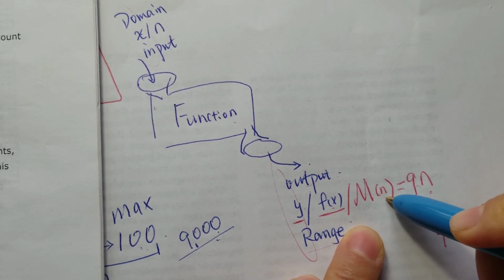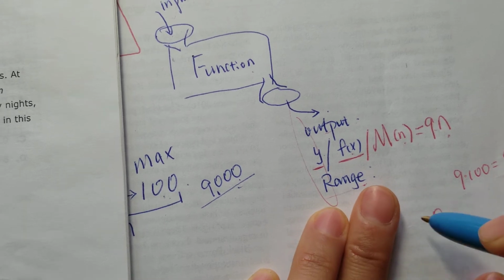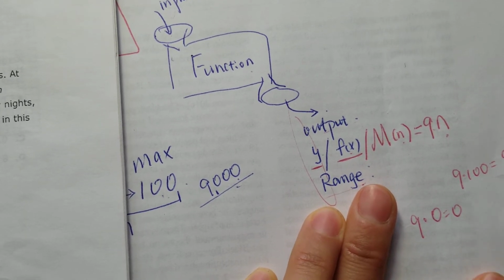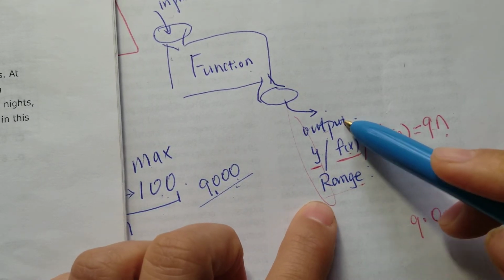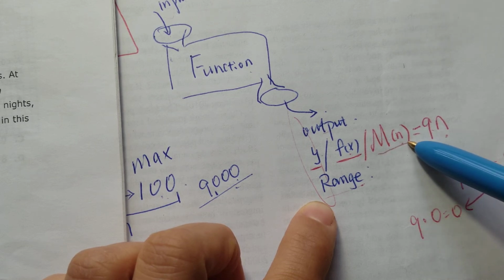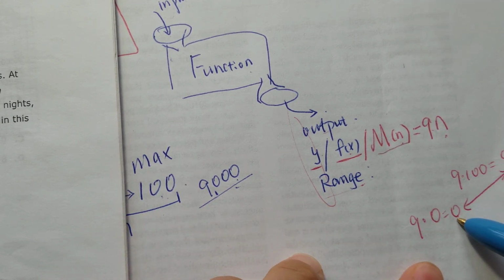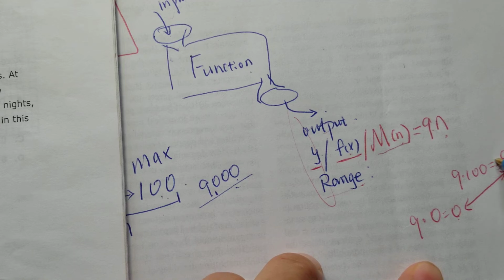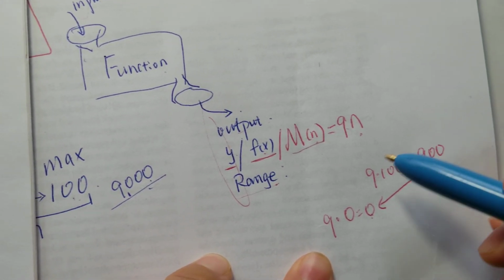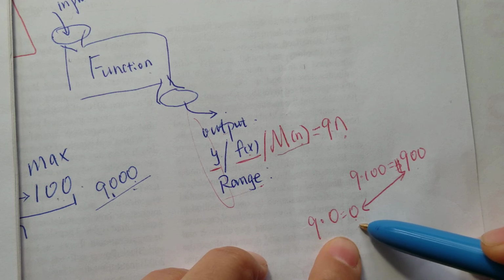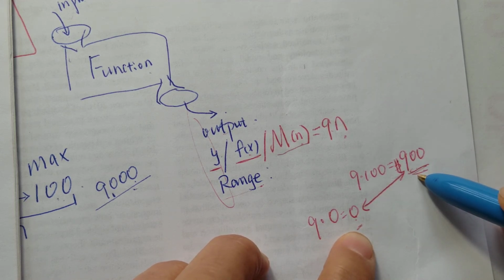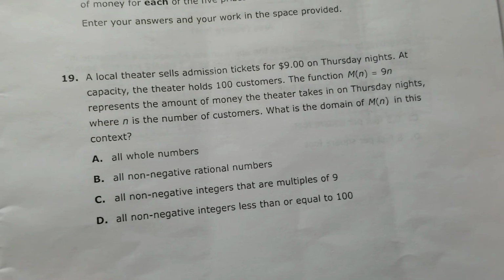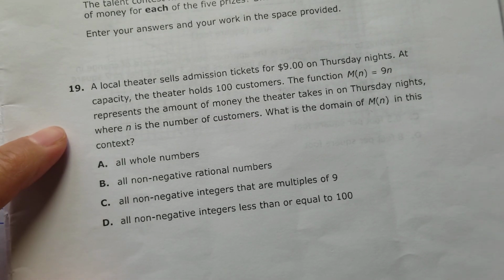And the minimum value of n is 0, and 9 times 0 is just 0. So the range for m of n is between $0 and $900, which means the theater can make a minimum of $0 or a maximum of $900. Okay, so this is all about question number 19.